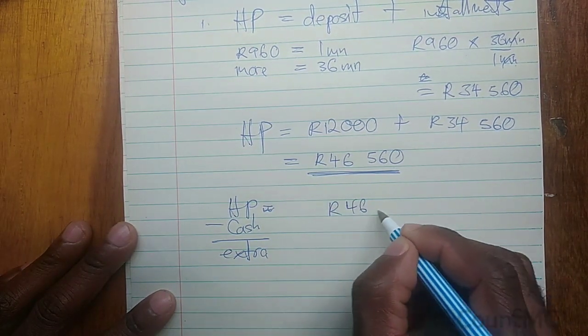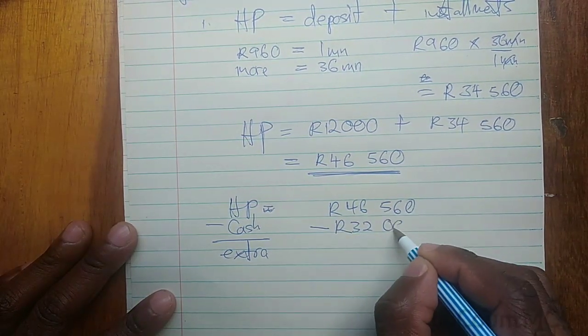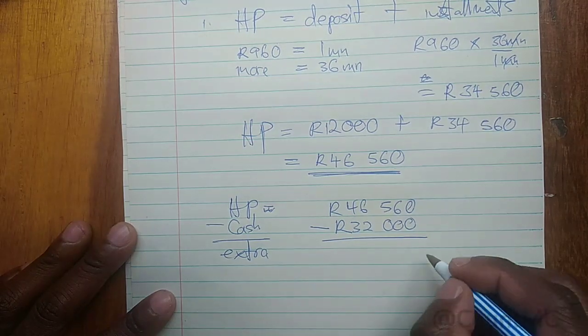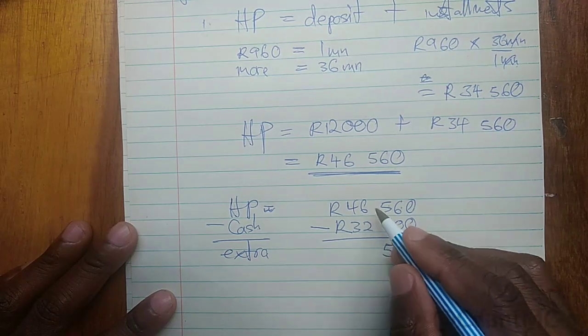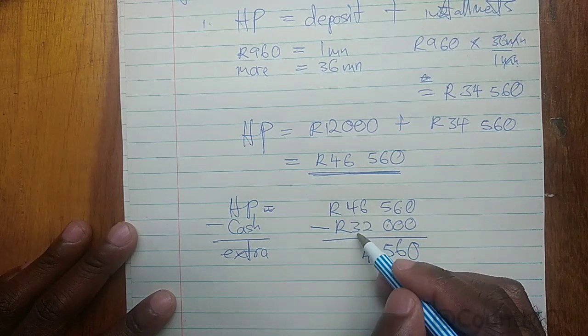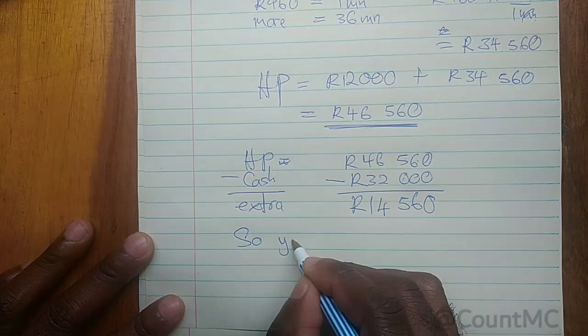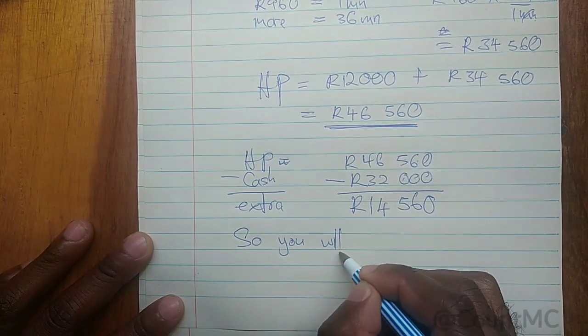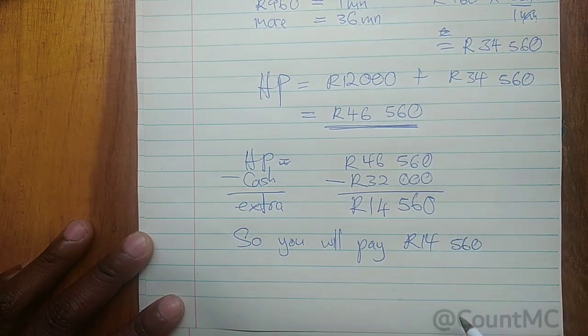So we say 46,560 minus the 32,000, which was the cash price. 0 minus 0, 0, 6 minus 0, 6, 5 minus 0, 5, 6 minus 2, that's a 4, 4 minus 3, that's a 1. So you will pay 14,560 rands as extra money for choosing the hire purchase instead of going the cash price.